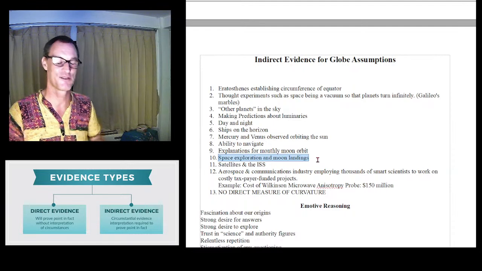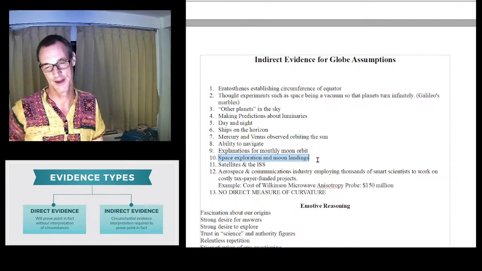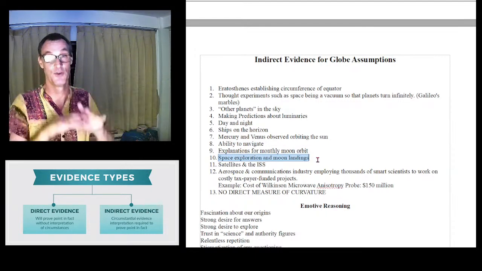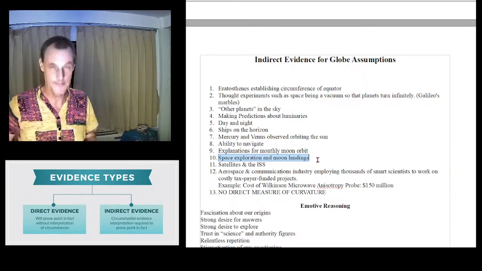It's one of the most lucrative industries out there. And so, of course, space agencies are at the forefront of communicating across the world.